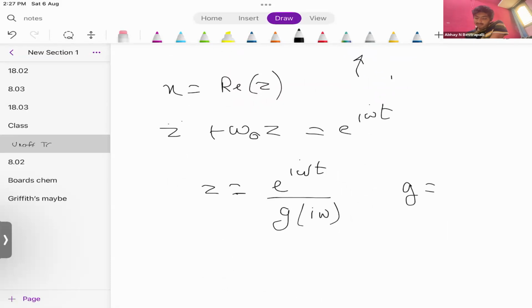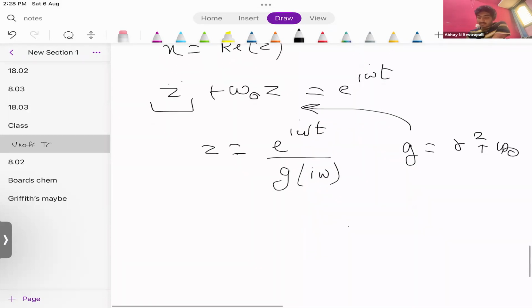And what is g over here? It is r squared plus omega naught squared, right? Because what you do is, if you are differentiating the variable twice, you replace it by r squared; differentiating one time, you replace it by r; and if you don't differentiate, it's just a constant.